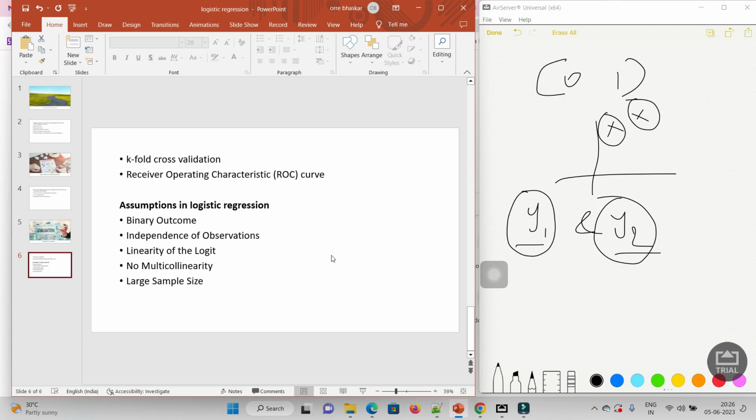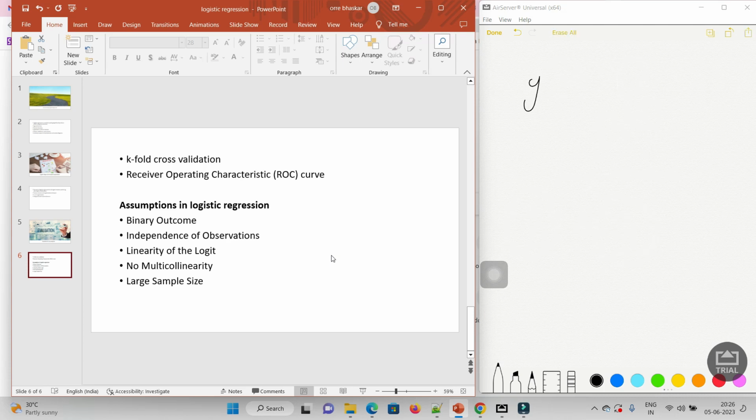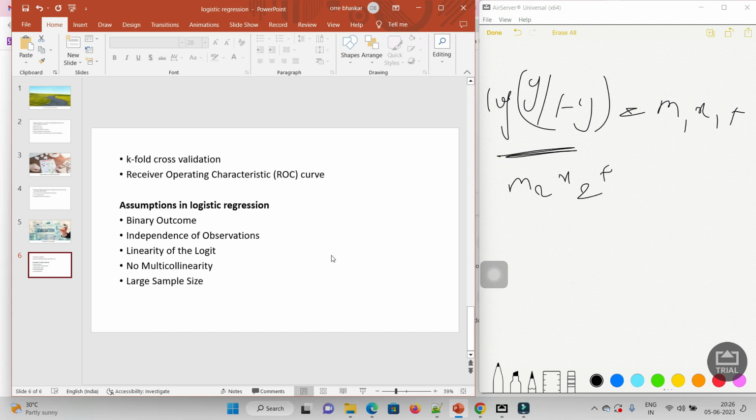That means in our plot, log of y by 1 minus y should be in a linear relationship with our independent variables. So this equation of a line, this is our probability, is in a linear relationship with our independent variables, right? So that's our assumption, linearity of the logit.